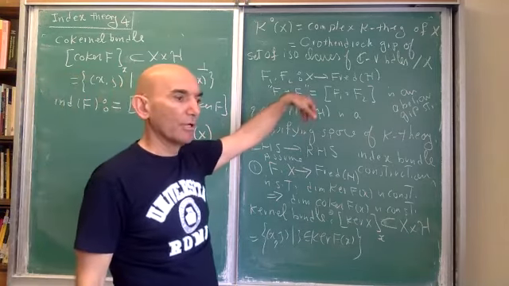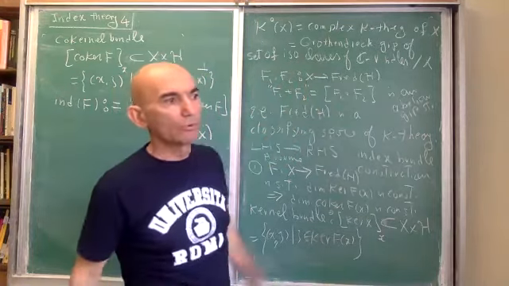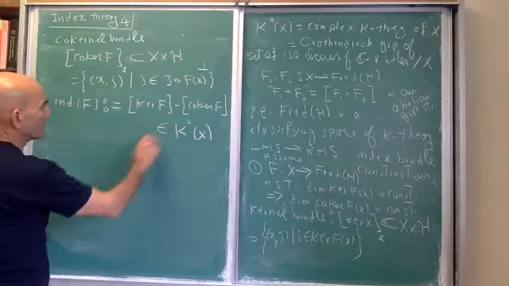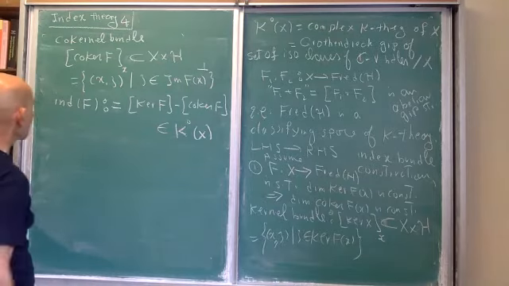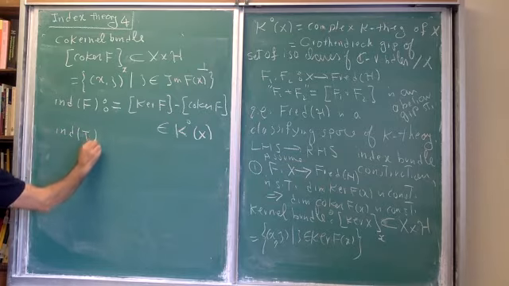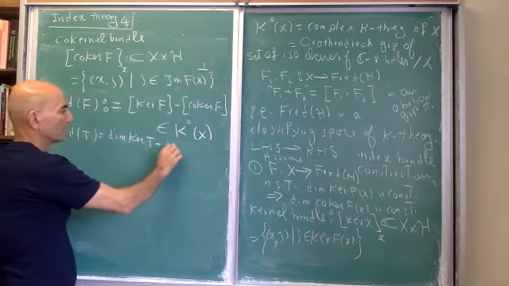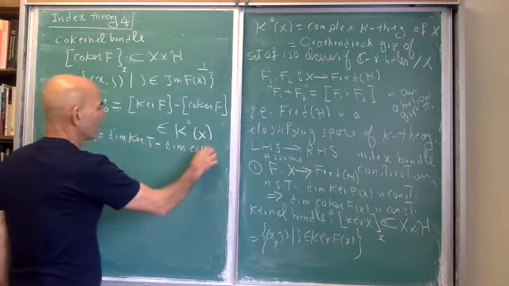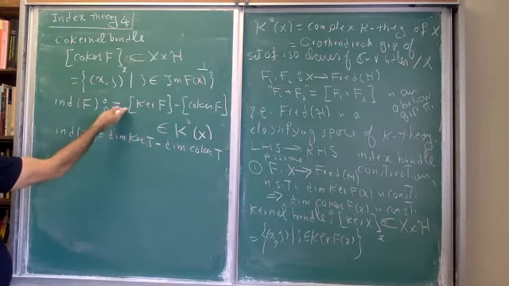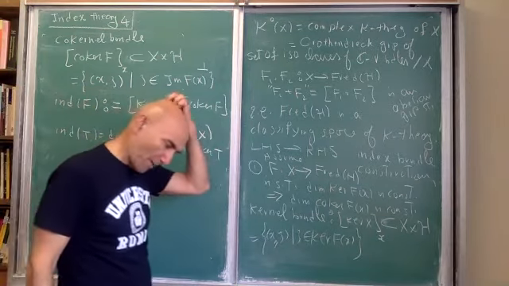It means that we allow ourselves to take formal sums, and then we know how to add them, we know how to do operations on them. So that's K0. Okay, so that's the index. Of course you have to compare this with the index of one operator T, which was the dimension of the kernel of T minus the dimension of the co-kernel of T. Compare these two things. You see, this is a more sophisticated version of this. It's a family version of this, but the same idea.